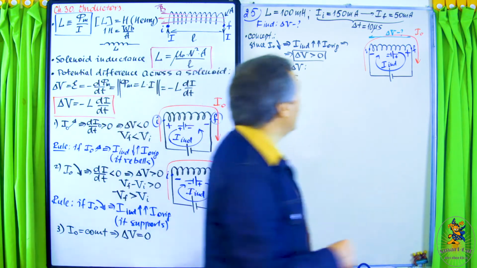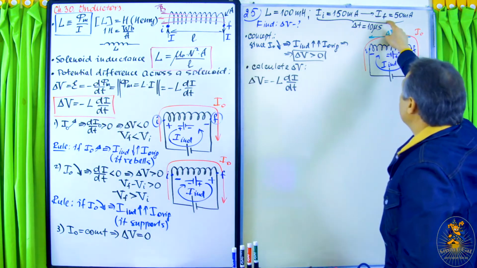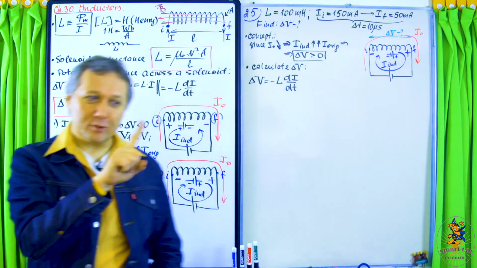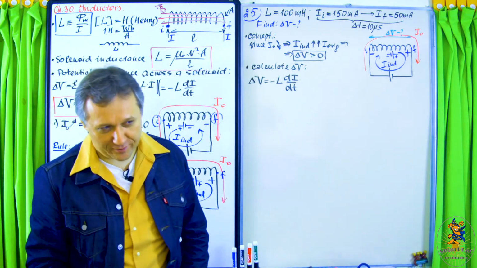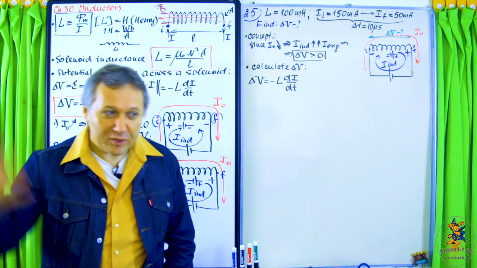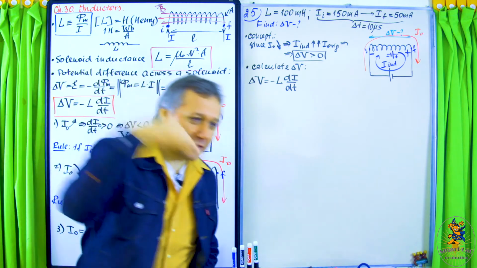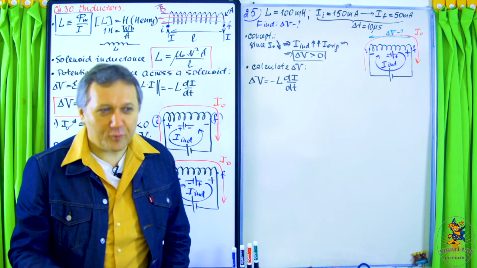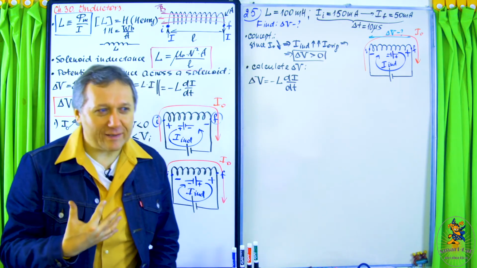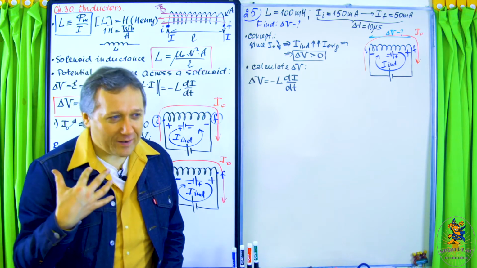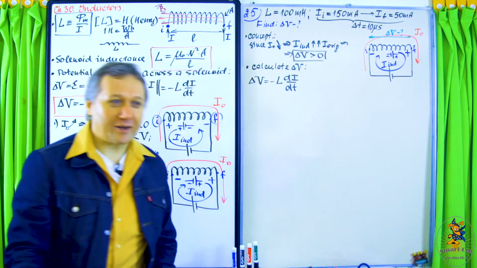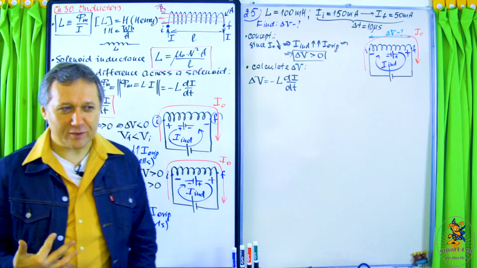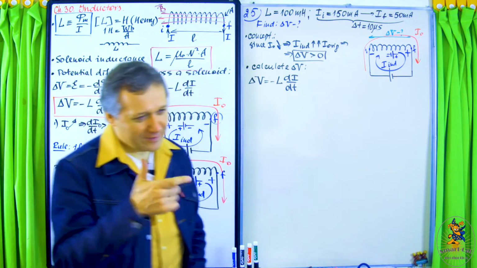Because look, we know only the value of the current at the final point and the initial point, and not a single word about what happens to this current, how it changes. Maybe it changes exponentially, or maybe logarithmically, or maybe somehow else. Not given. Of course, most likely the author assumed that we would assume that current changes linearly, but you should state that.